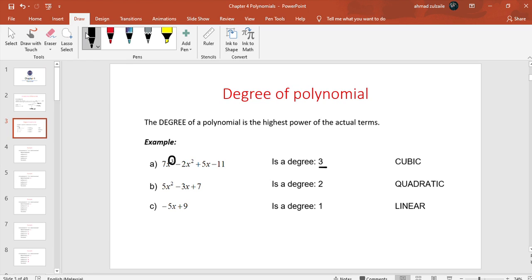Compare this, x over here is power 1, so the degree is 1. So we have the linear, meaning the highest power of x is 1, compared to x equal to power 0. Okay, so this is the degree of polynomial. We have quadratic, cubic, quartic, which is power 4, and so on.